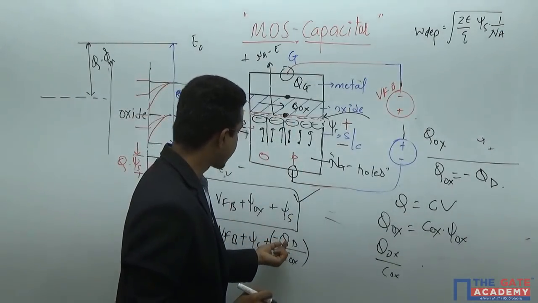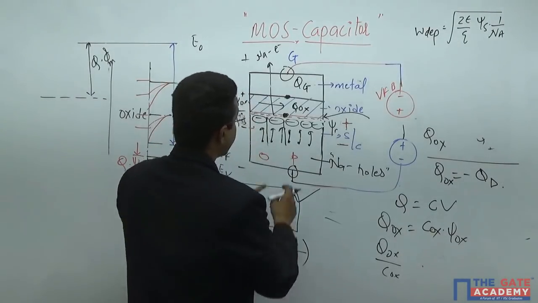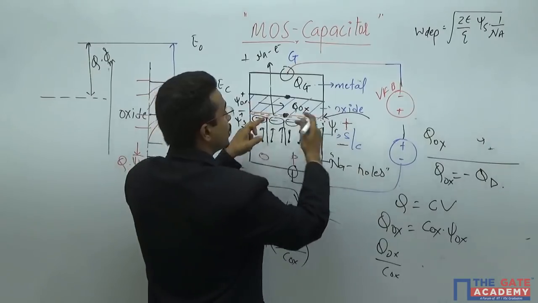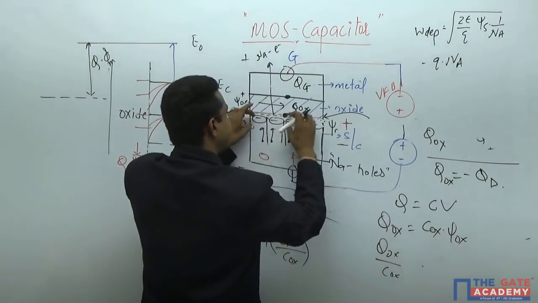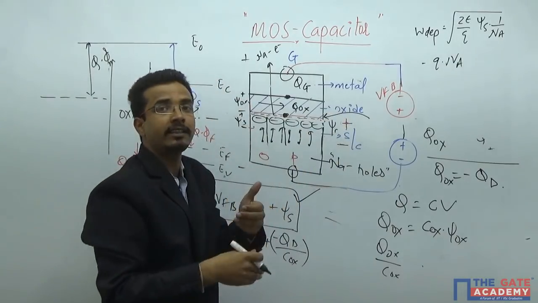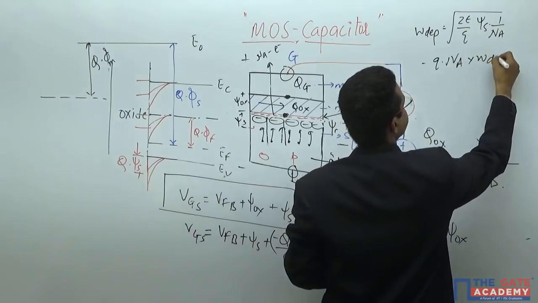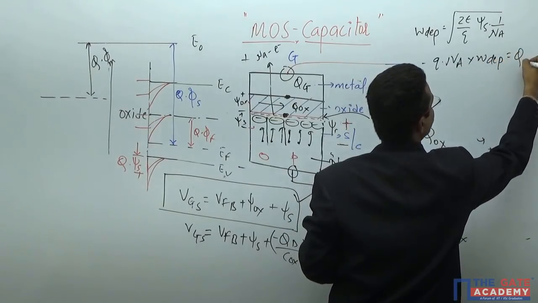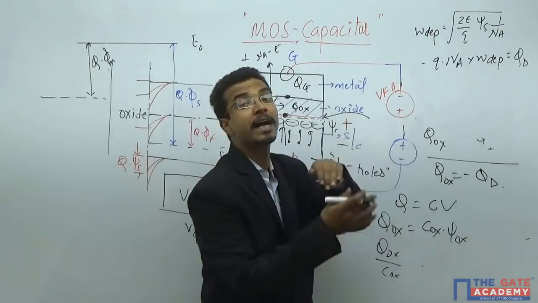Now, if I am interested in this total charge, what will I do? These are the acceptor charges, so minus QNA. This is the charge density on this side. And if you are interested in charge per unit area, you multiply by W dep. Then this will become QD, per unit area.